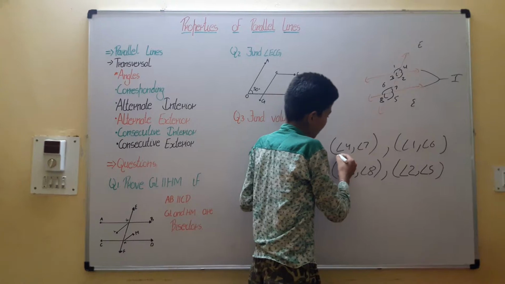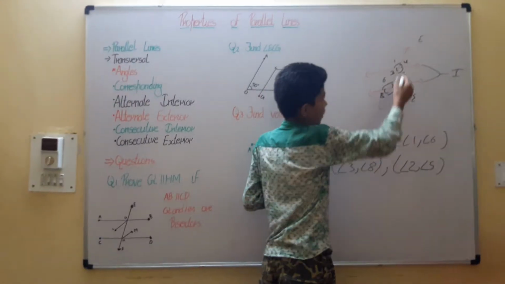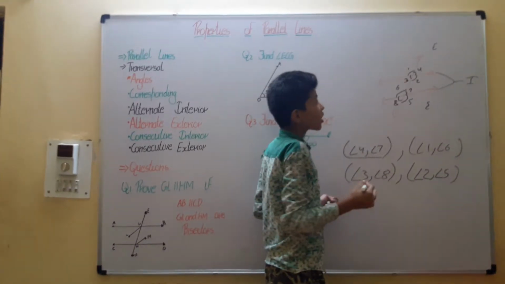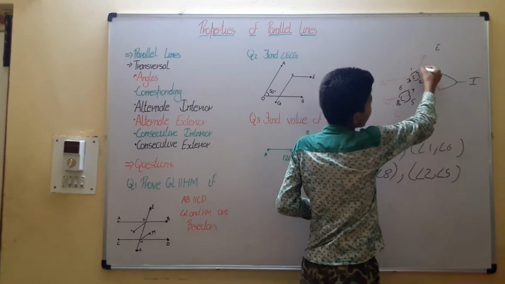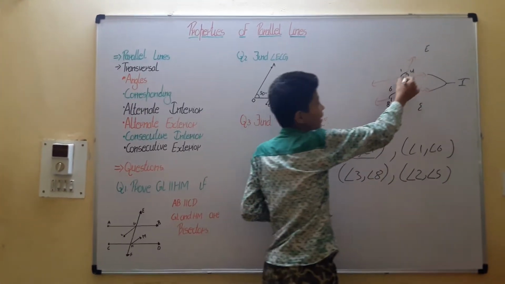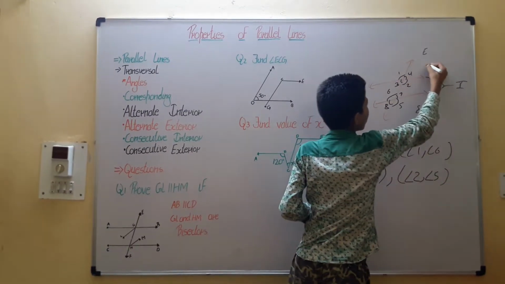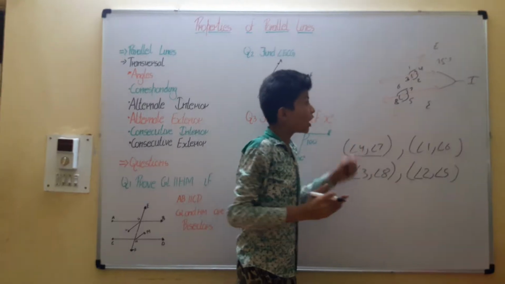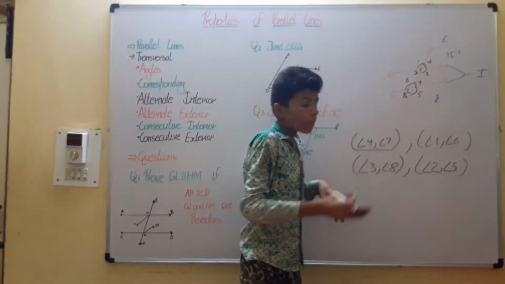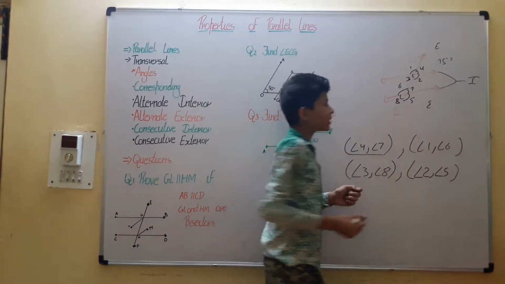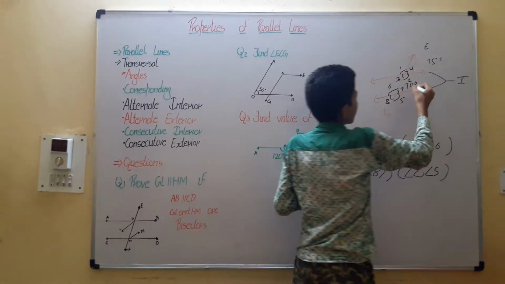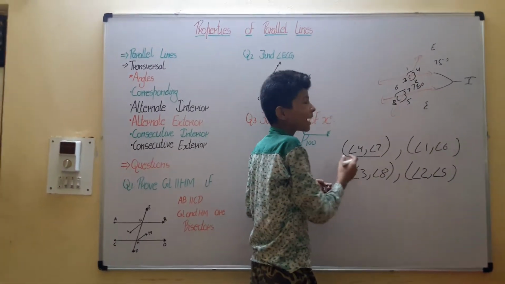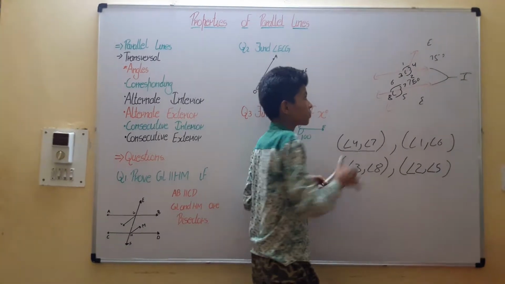Here angle 4 and angle 7 are equal because if a transversal cuts at an angle, say 75 degrees, and both the lines are parallel, it would cut the other parallel line also at 75 degrees. So these angles are called corresponding angles.